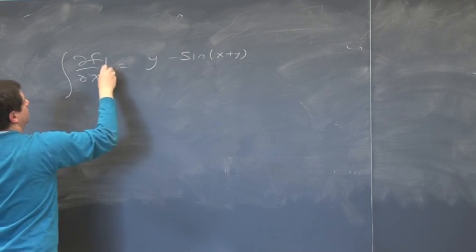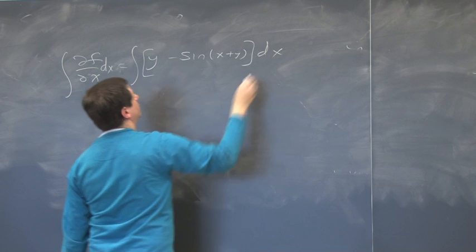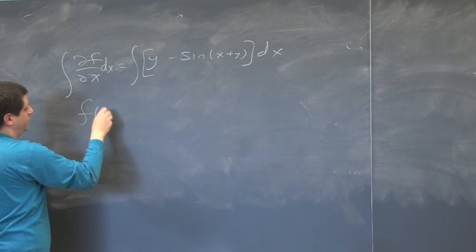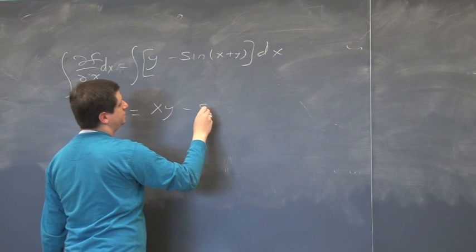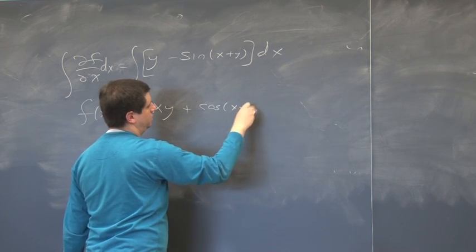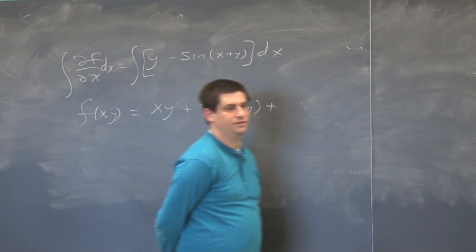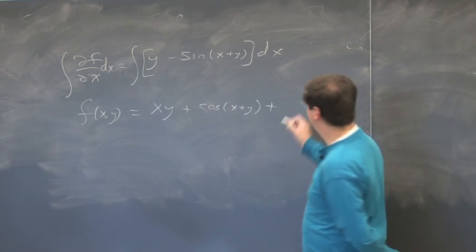If we integrate both sides with respect to x, we get f of xy equals xy plus cosine of x plus y plus what? It's not just c.